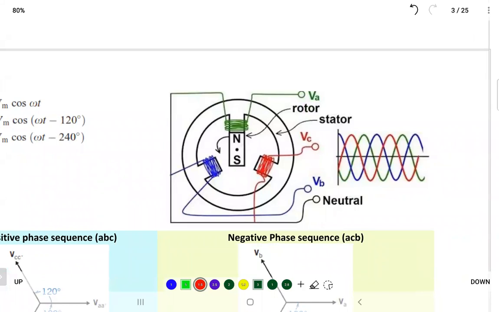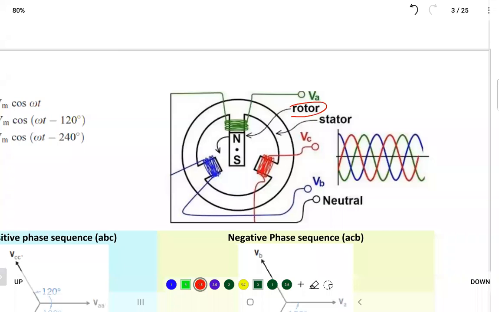You have here in the middle the rotor, which is the rotating part. It's a shaft connected to the prime mover, and the prime mover rotates the shaft of the rotor.